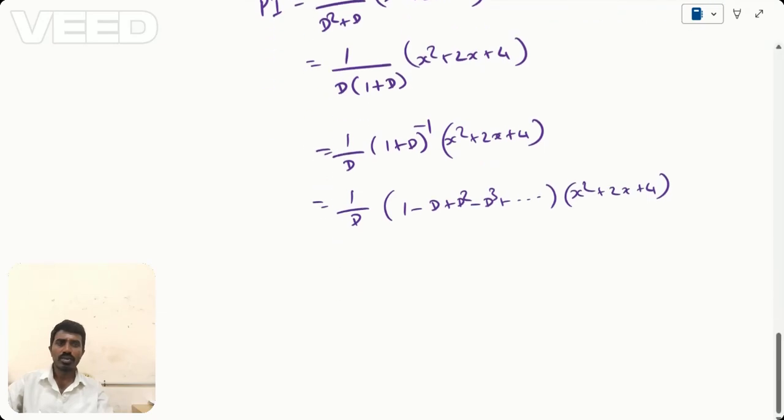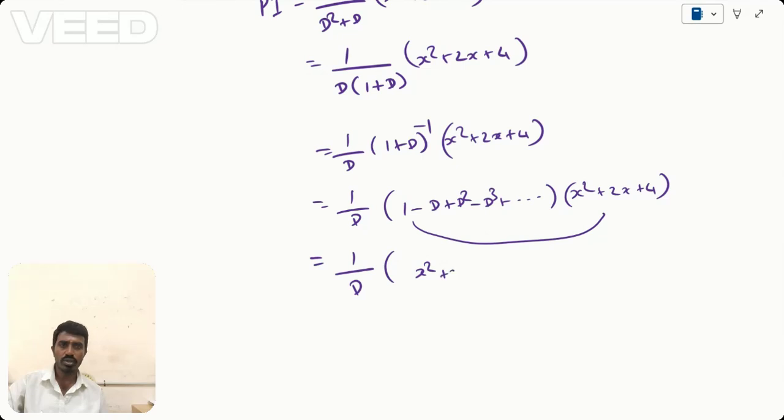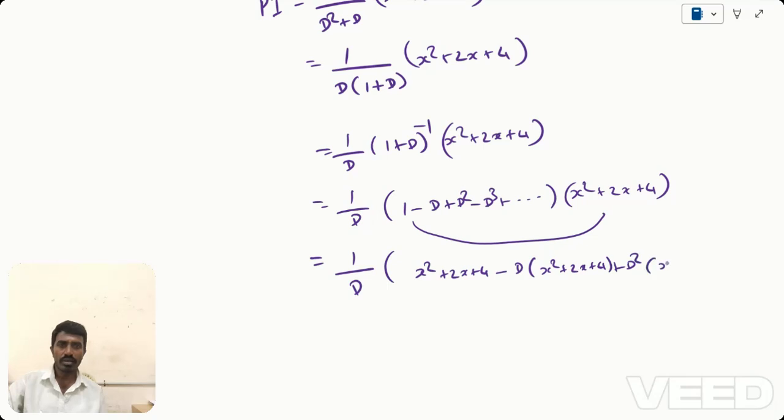So now bring this polynomial inside, then what do you get? 1 by d of 1 into this polynomial, that is x square plus 2x plus 4, minus d of x square plus 2x plus 4 plus d square of x square plus 2x plus 4. And this is a second degree polynomial. If you differentiate thrice, then that will be 0. So we can omit the other terms.